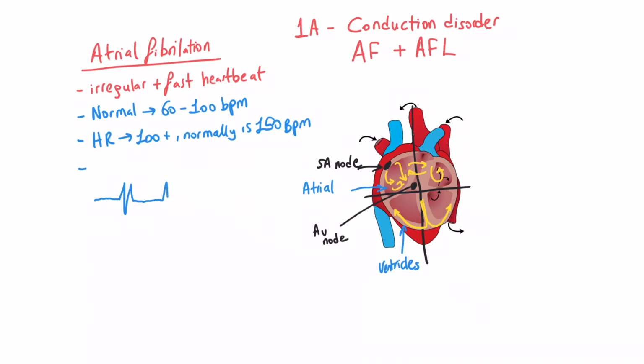Then you have another one, then a long space, then another one, then another one closer. What I'm trying to illustrate is an irregular heartbeat. The main thing is that you can't see the P waves very well. So let's choose a yellow color. P waves, not visible.